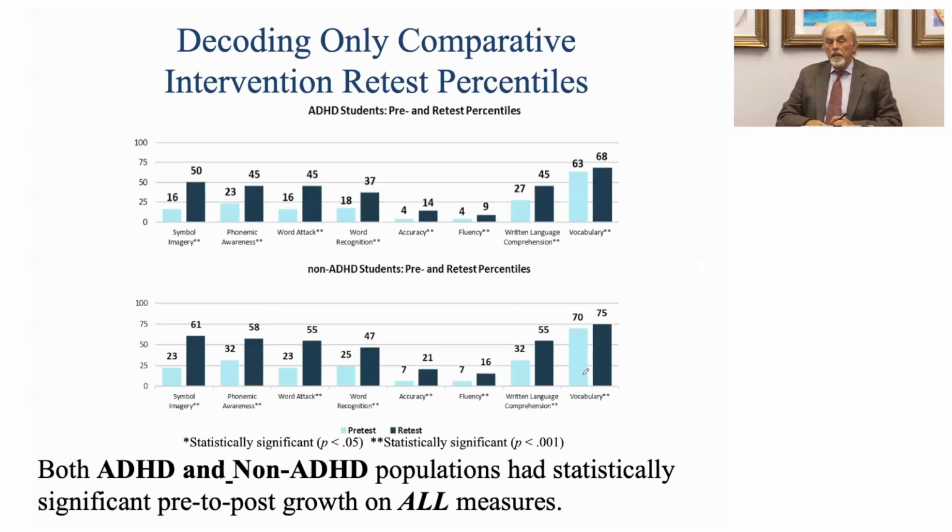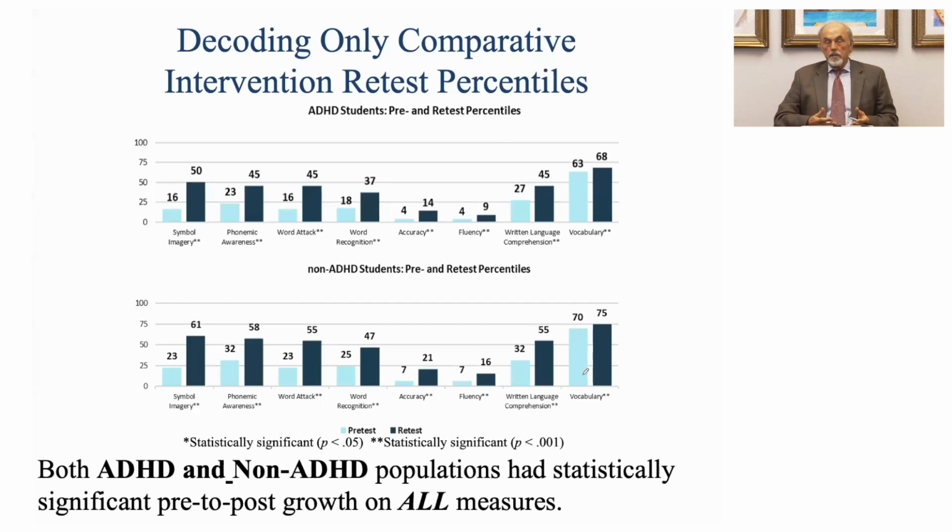So from the intervention standpoint, on the first chart there, the ADHD students on their pre and post test percentiles, as compared to the children who do not have ADHD, had statistically significant pre to post growth on all measures.